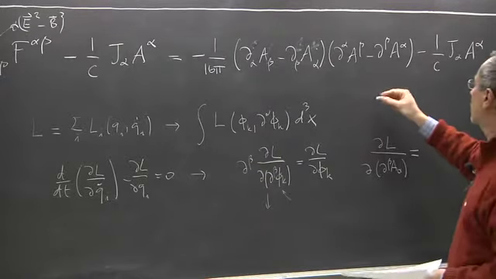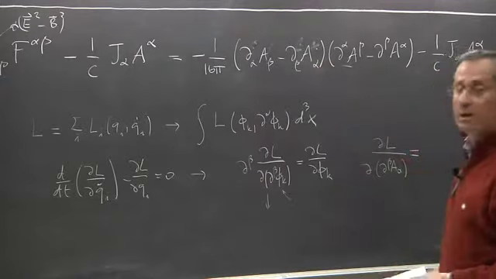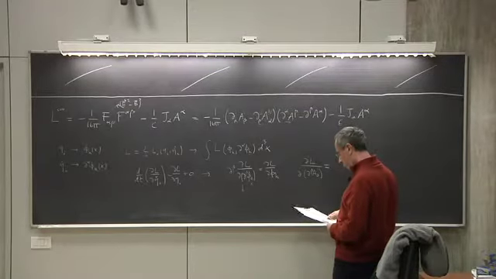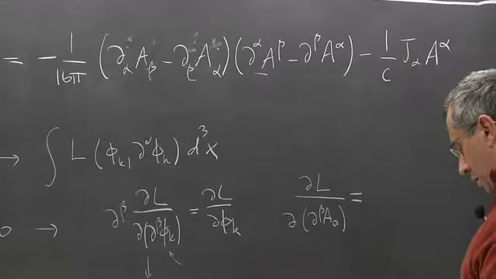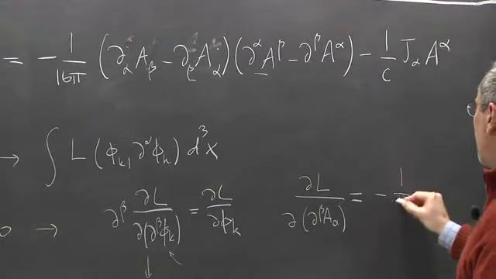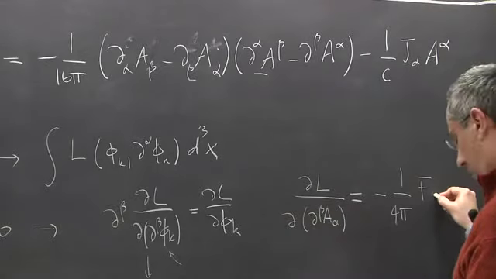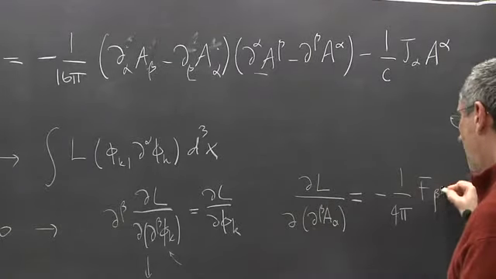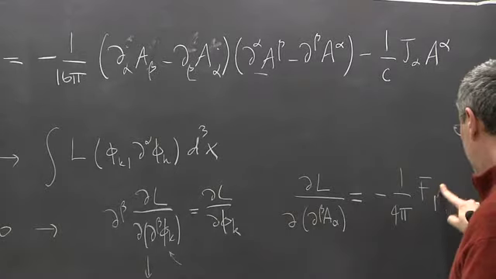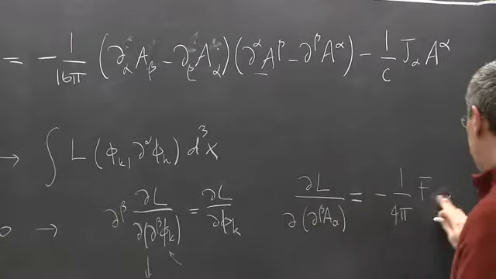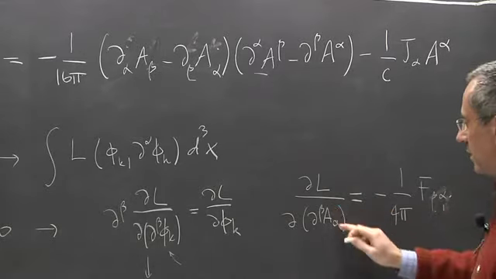So here you have explicitly the dependence of your Lagrangian density on this variable, so that if you do the computation, you find that this is minus 1 over 4 pi F alpha beta, if you write beta alpha.